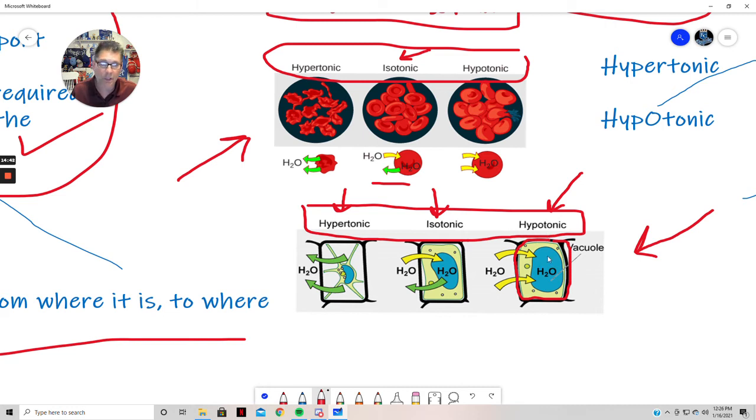Hypotonic, meaning the vacuole that stores the water is full, and when it gets full and puffs out, it presses or it causes pressure against the cell wall. And when that happens, it acts similar to when we stack up these plant cells to our vertebrae. Our vertebrae is what allows us to stand up in our bones because they're strong, rigid, and they're pointing upward, and that allows us to stand.